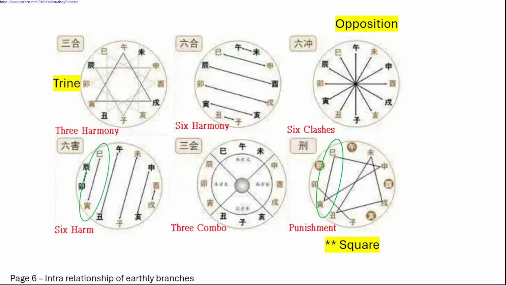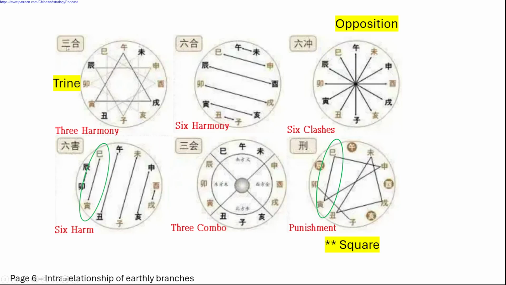The interrelationship of the 12 earthly branches in Chinese astrology is always considered as a unique philosophy, but not on the astrology side. If we view the 12 earthly branches as the 12 sidereal signs, some of the equally spaced earthly branches are the same as having an aspect with another sidereal sign.